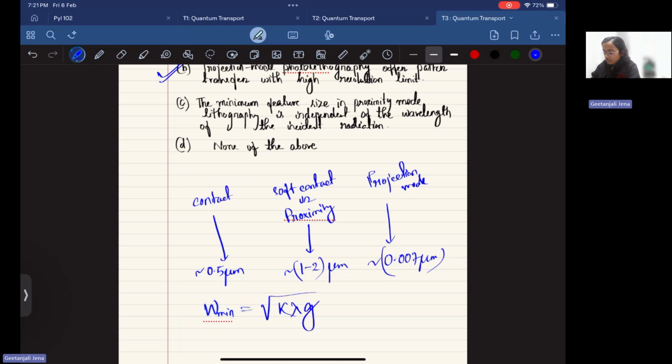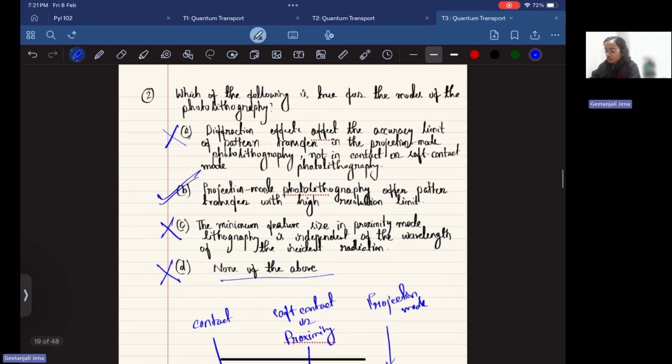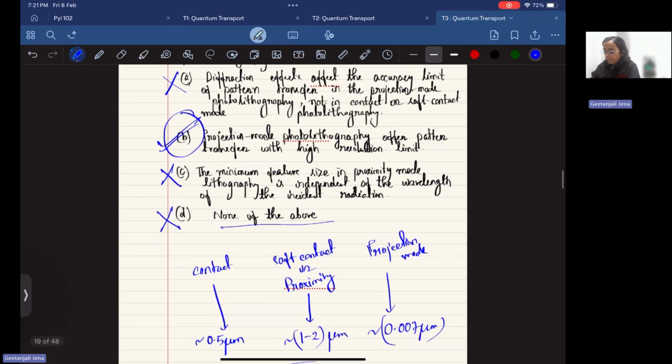So that means it depends on the square root of the wavelength. So option C is not correct. Option D is trivially not correct because it says none of the above. So the correct option for this is option B.